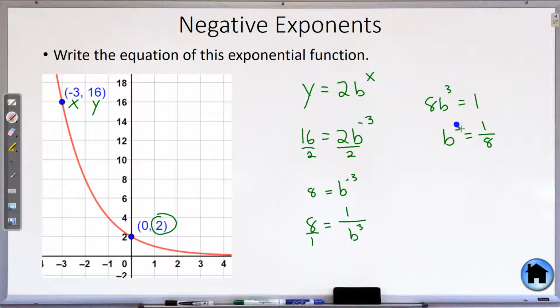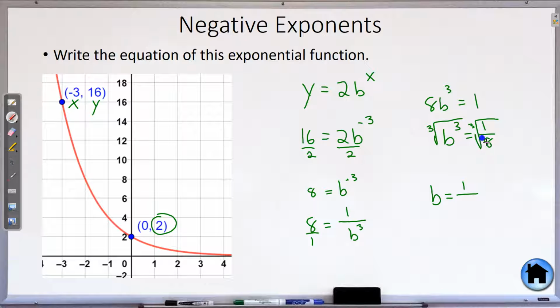And then we have to get rid of the 3 by doing a cube root. I might do a cube root because I think I can do this in my head. So b is equal to the cube root of the other side. And when using our properties here, we can cube root the top, which is just 1. And now we can cube root the bottom.